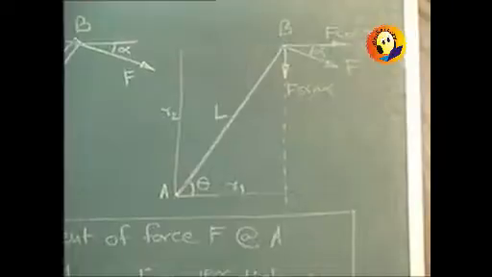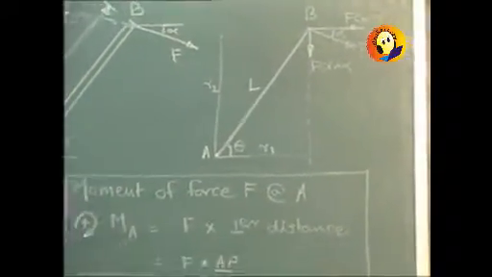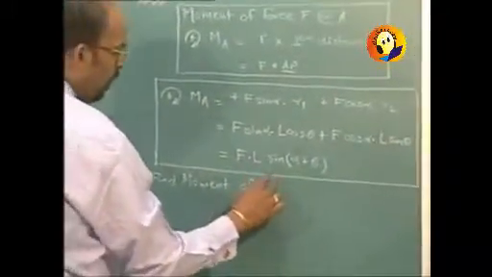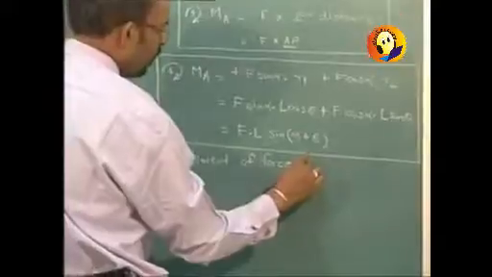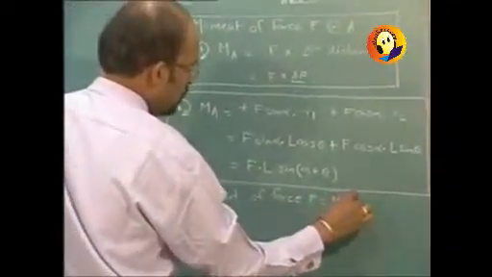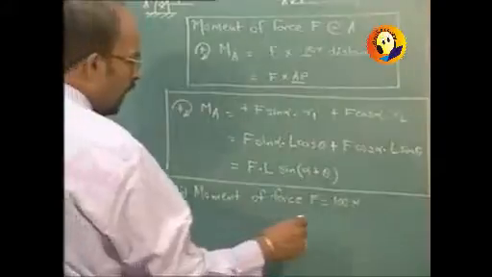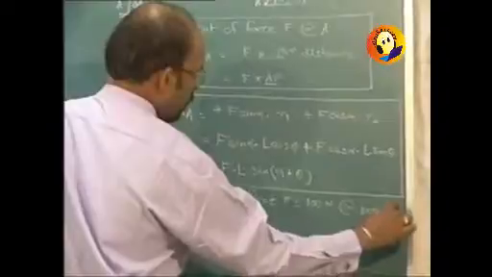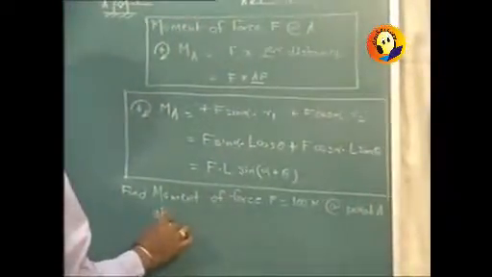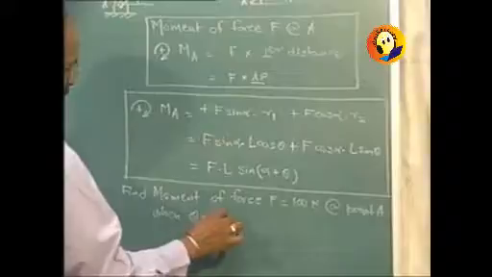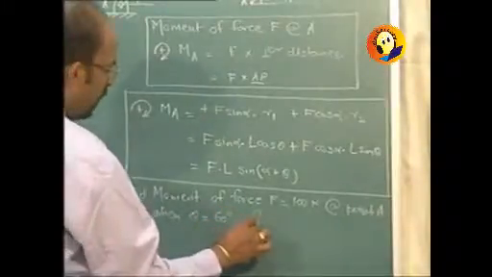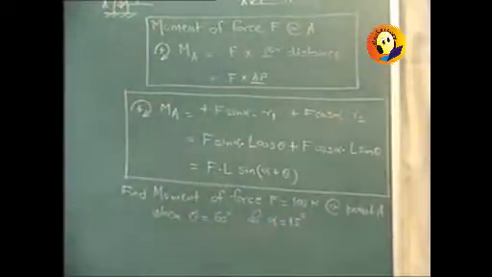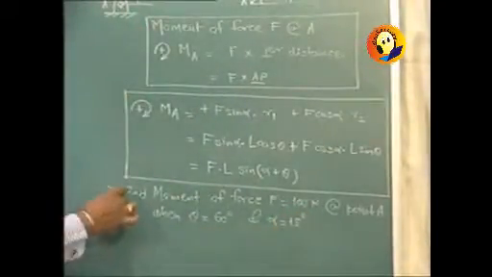So we can say: find moment of force F equal to 100 newtons about point A when theta is 60 degrees and alpha is 15 degrees. A numerical problem can always be solved.